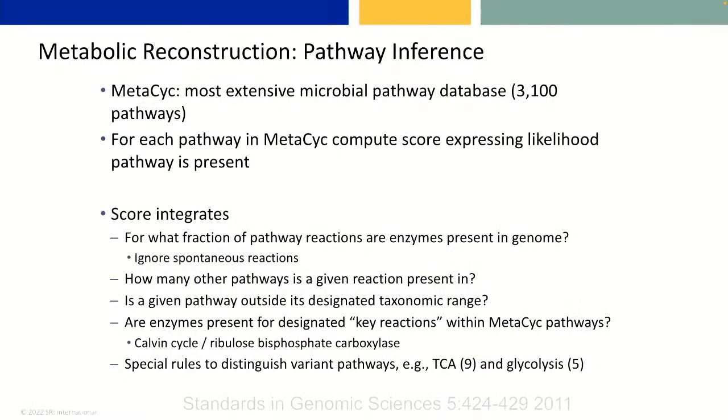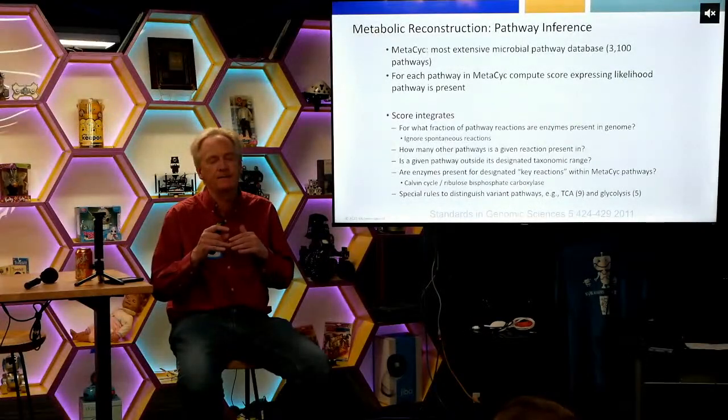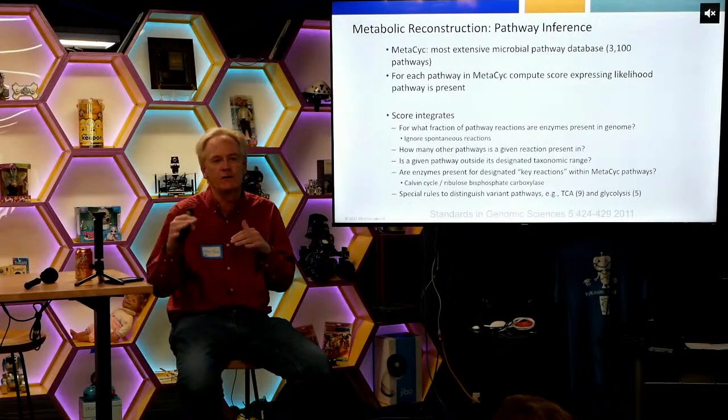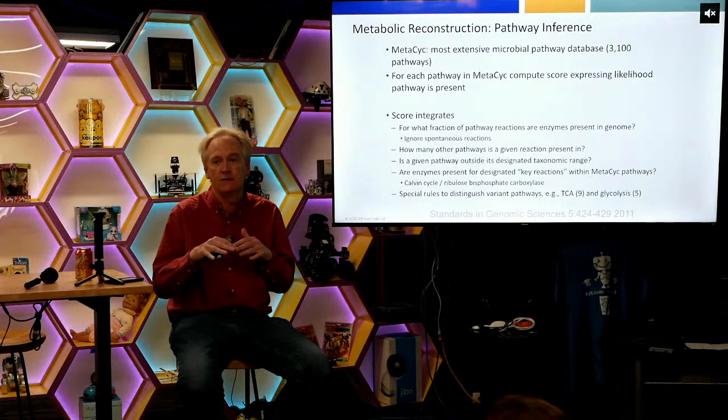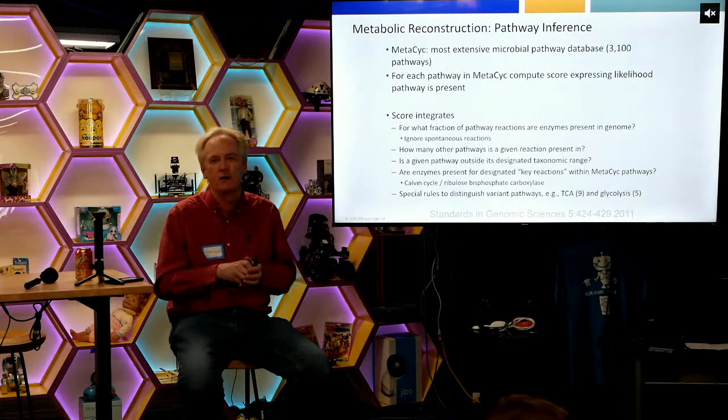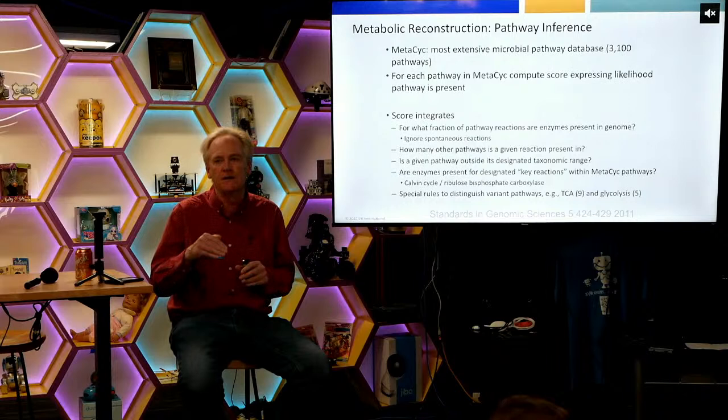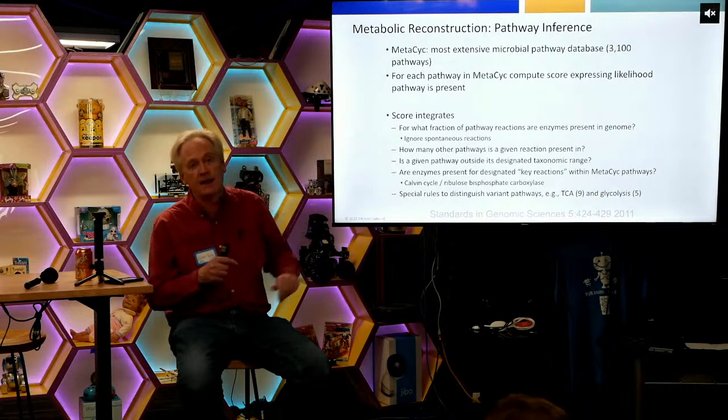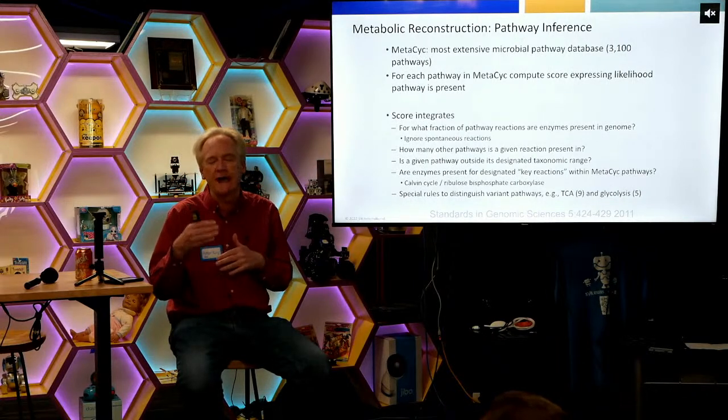And here are some of the main features that scoring is driven off of. Essentially, it's looking at reactions inferred by enzymes in the genome. And so there's a previous step where for each enzyme in the genome, we look it up in MetaCyc and predict what reaction that enzyme catalyzes.